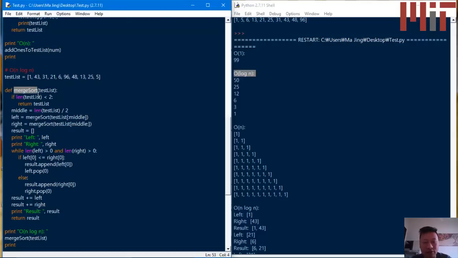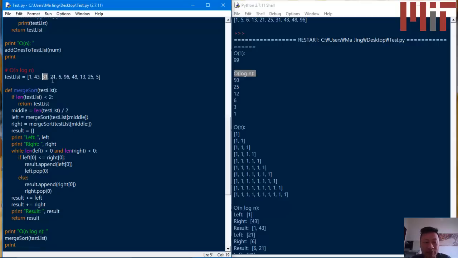I'm not going to go over all of the code in this algorithm, but what you need to understand is what this algorithm does. It's going to take this unordered list, and because the numbers are not ordered, you have 1, 43, 31, this function is going to order the list.